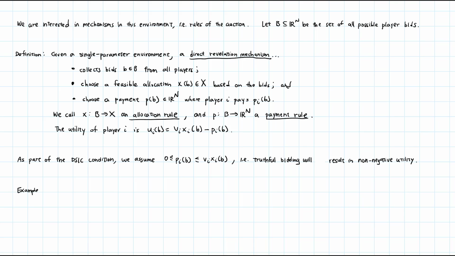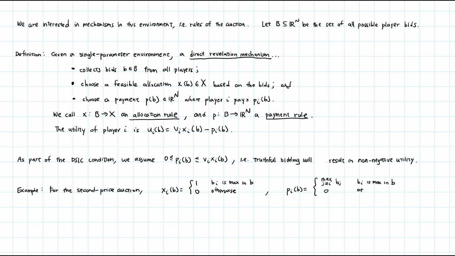For example, for the second price auction, the allocation rule is xi of b, which is 1 when bi is the maximum bid in b, and it is 0 otherwise. The payment rule pi of b is the second highest bid, the maximum of bj for j not equal to i, when bi is the maximum bid, and it is 0 otherwise.